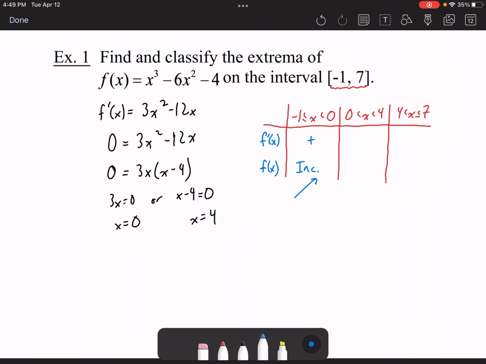Choose a value between 0 and 4, plug it in, you'll see that the function's decreasing. Choose a value between 4 and 7, 7 can be included, you'll see it's positive, and therefore increasing.